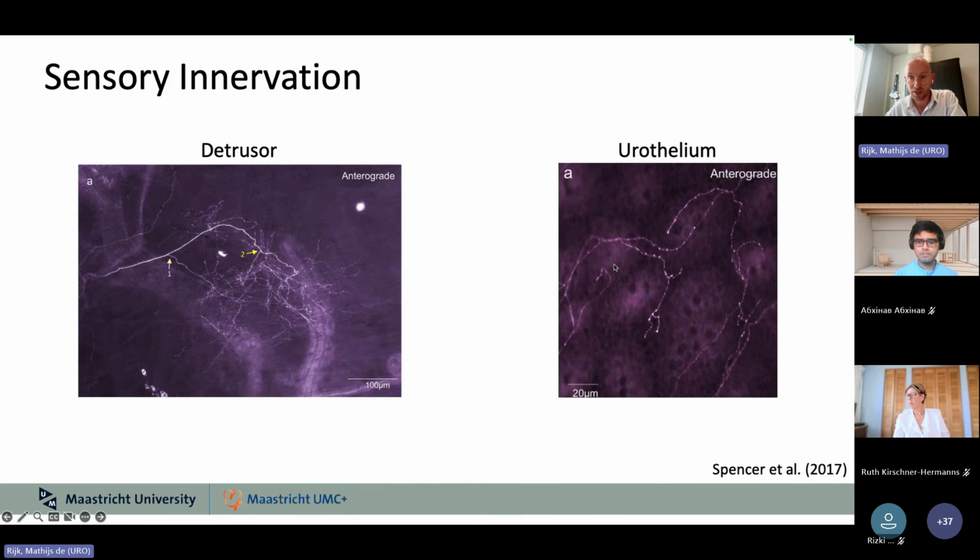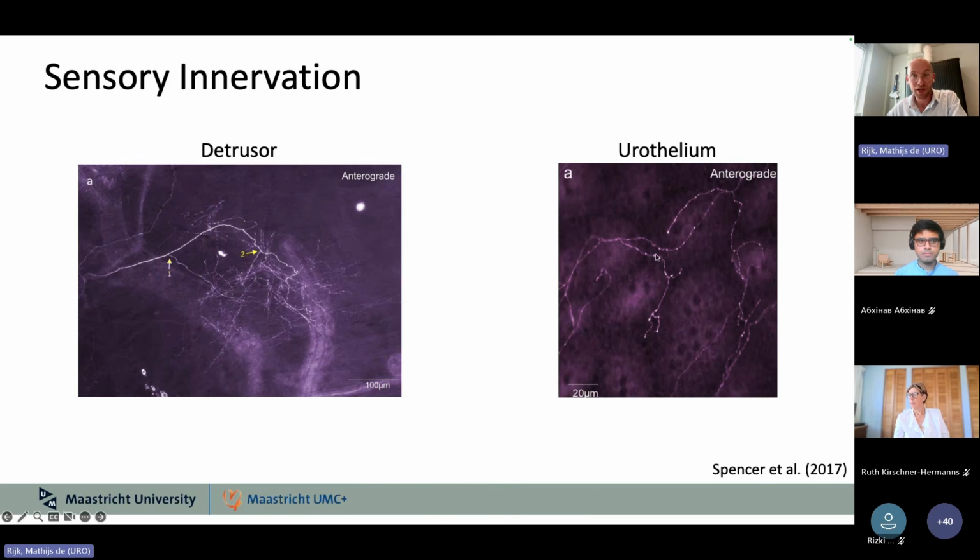These are very small contractions, and these nerve fibers also respond to those changes in bladder activity. And they have a very complex branching structure that you can also see in this image, and they are quite large. The nerve fibers in the urothelium are much more simple.